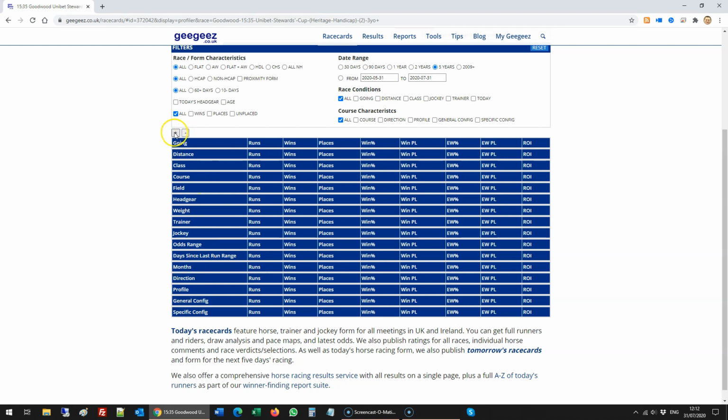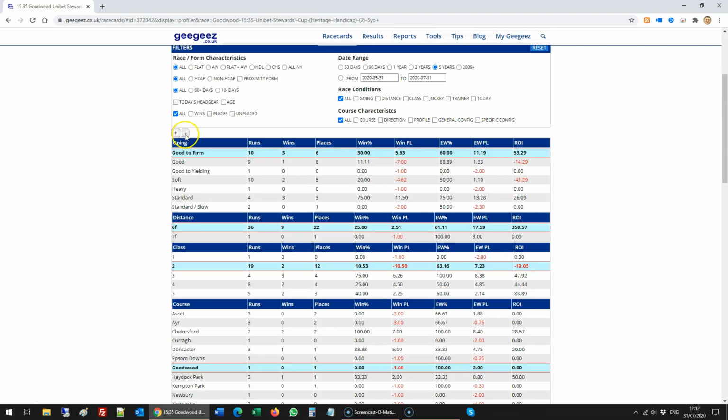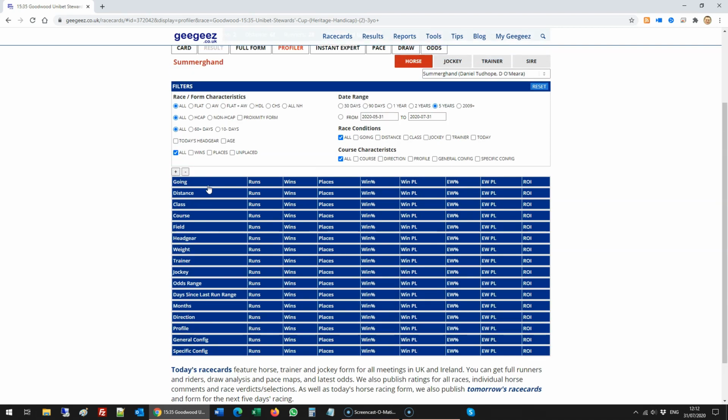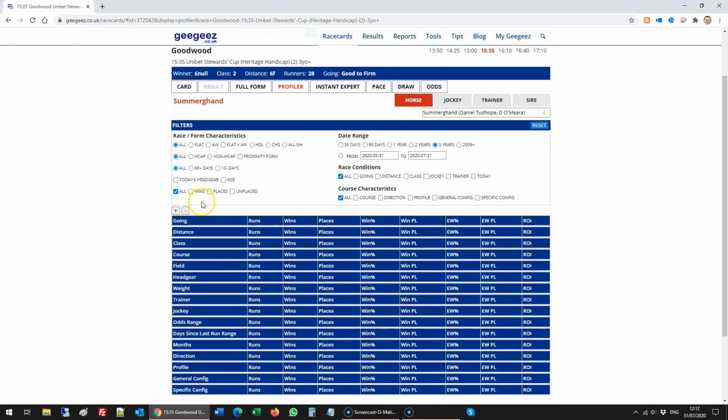You can open all of them by clicking the plus button and close all of them by clicking the minus button, and you can filter the data within the overall profile by today's race conditions.